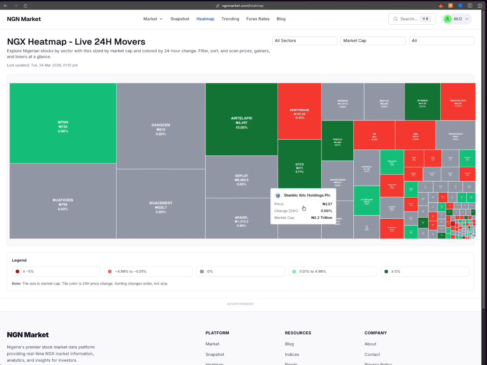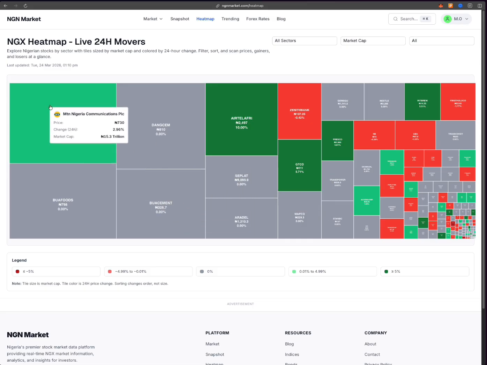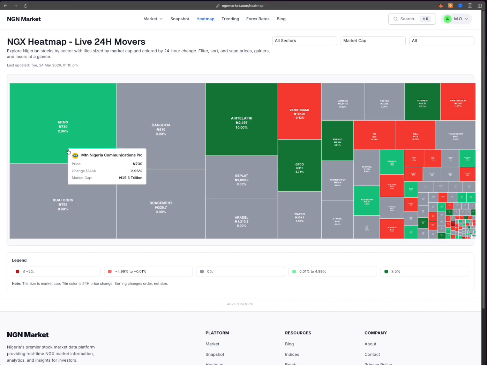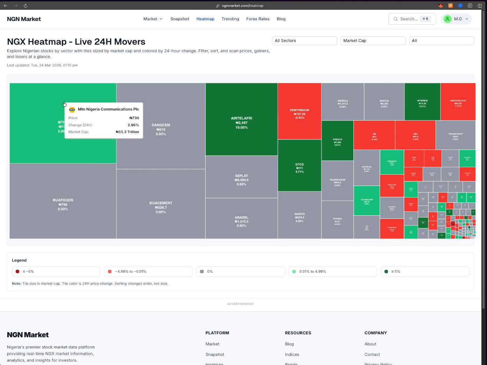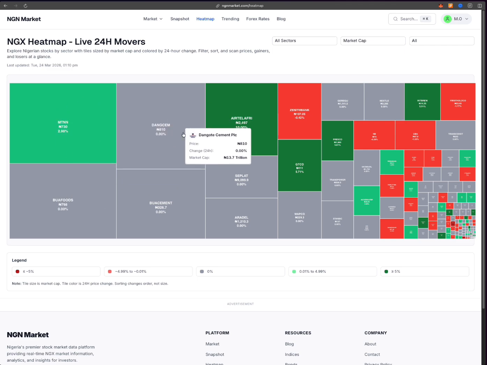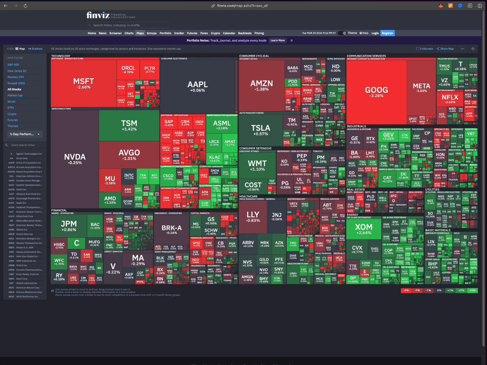Also Legend as well. Legend should be on this list, but the market cap is not really big. So the big ones you see here, these diagrams that are big, basically show you how big the market cap of that company is. MTN is 15.3 trillion, followed by BUA, which is 14.4 trillion naira. Just like that, as you can see, the ones with the biggest market cap are usually big when you're looking at the heat map.